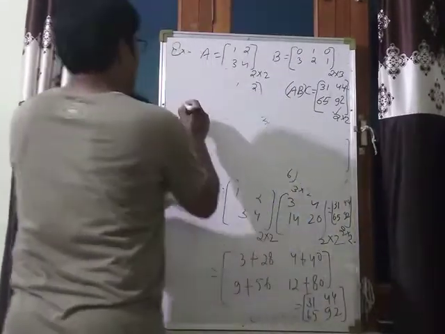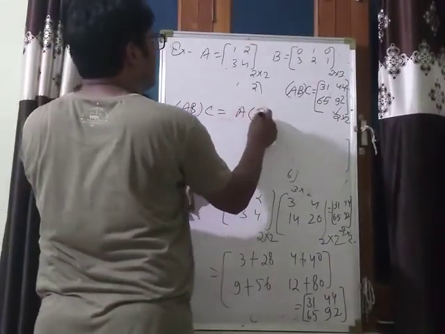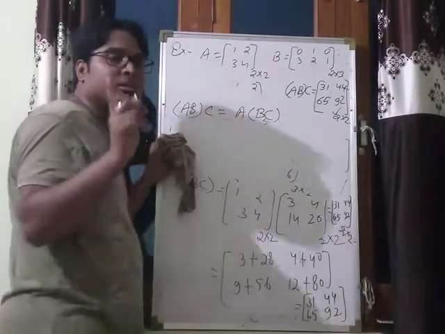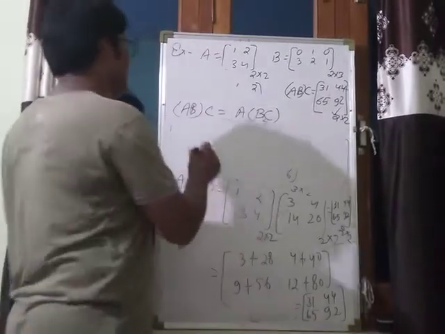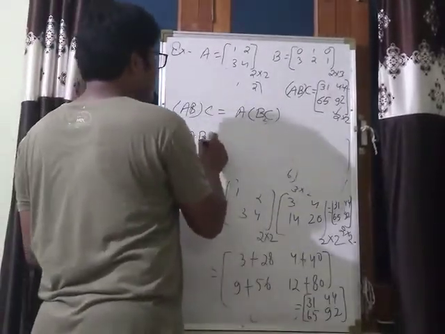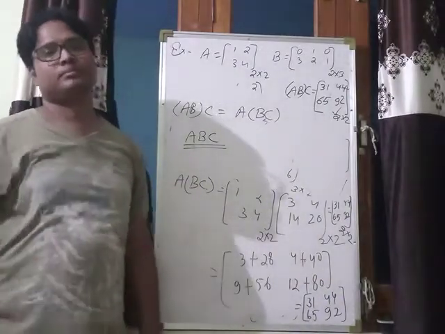Clearly, AB into C is equal to A into BC. Means matrix multiplication holds the associative law.